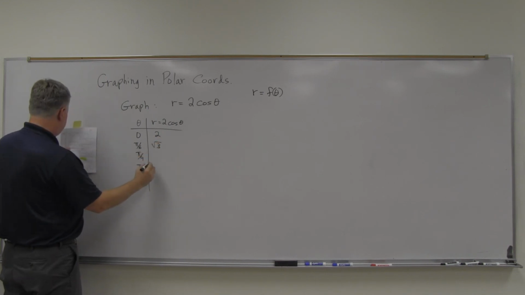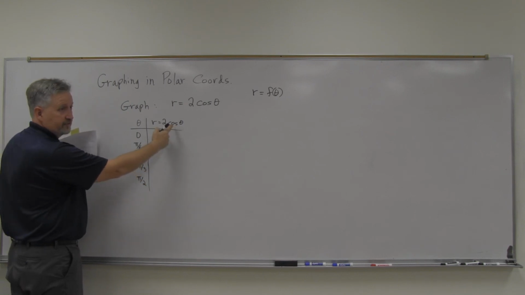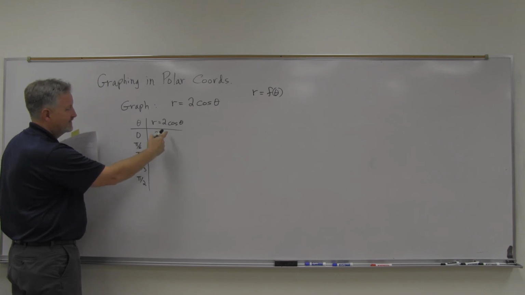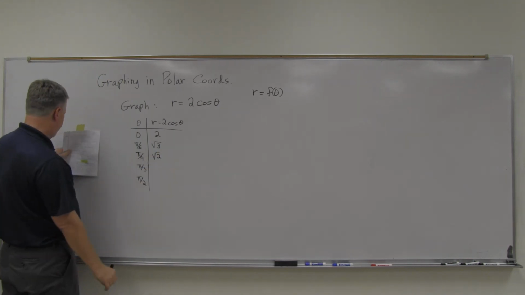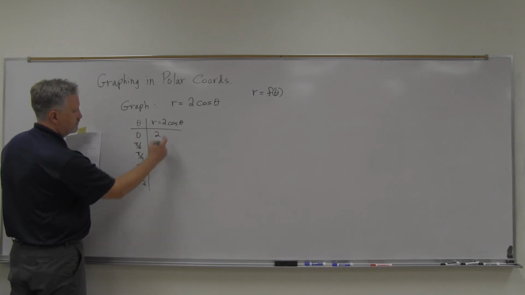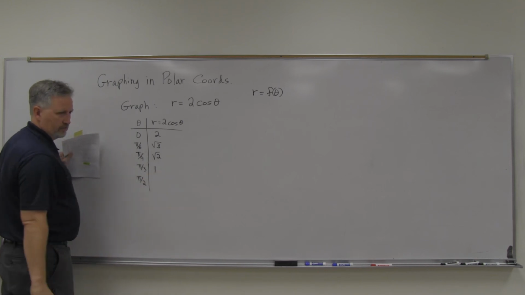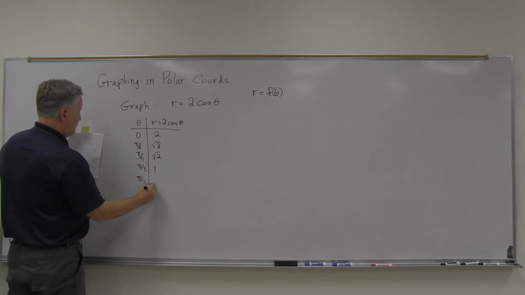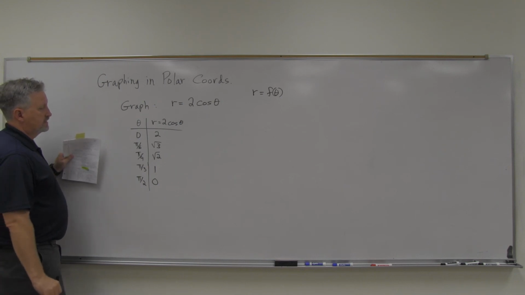Pi over 4: cosine of pi over 4 is square root of 2 over 2, so 2 times square root of 2 over 2 is square root of 2, about 1.4. Pi over 3, you got 2 times cosine of pi over 3, which is a half, so you're at 1 there. And pi over 2, cosine is 0.